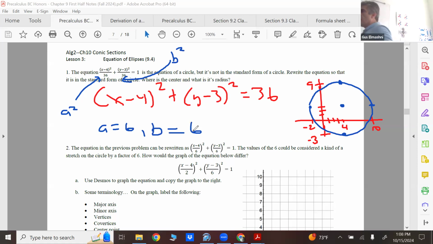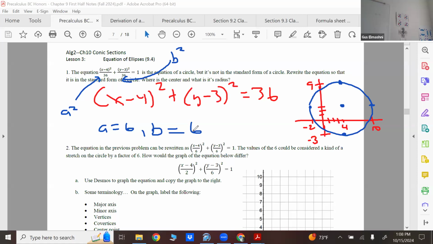So the way we're going to approach this a little differently for ellipses, we'll solve the same center. This will be the same thing. But then we're going to figure out how far we're going to go left and right and how far we're going to go up and down. And those won't be consistent. However far we go left and right won't be the same as however far we go up and down. So a won't always equal b. a equals b is a circle.